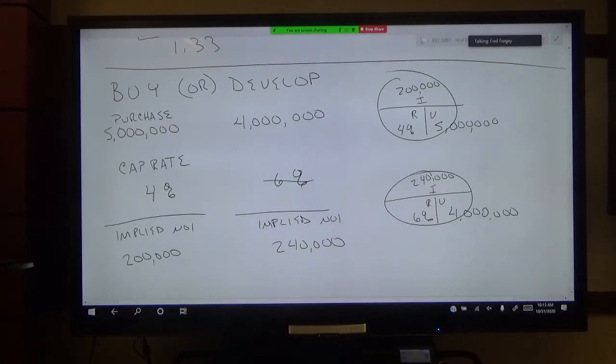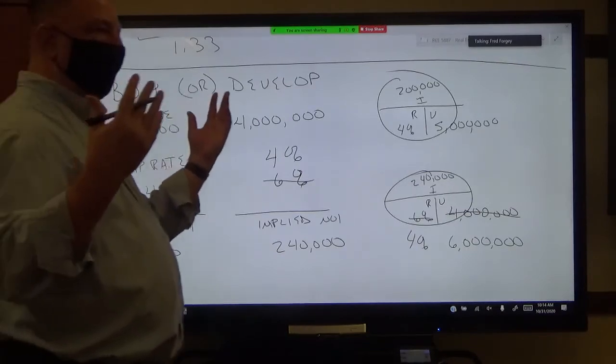So let's say that we were able to lower it over time to 4%, keeping our income constant. Then that means over time, and it may not be a very long period of time, we might be able to ultimately sell the property for $6 million.